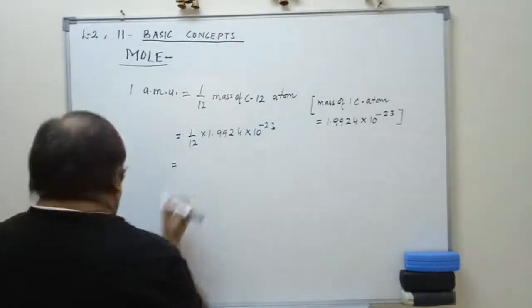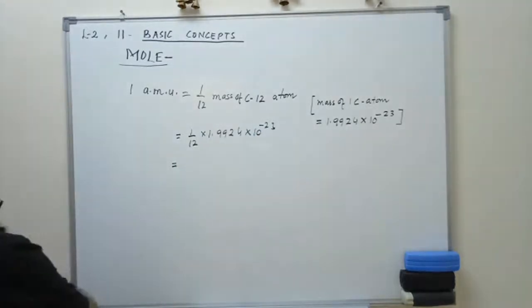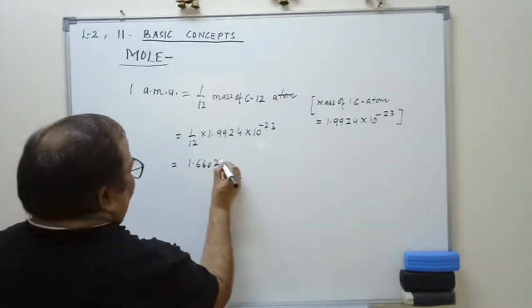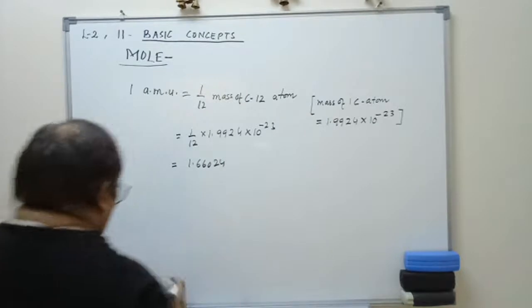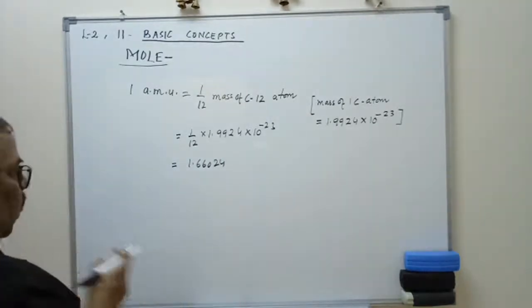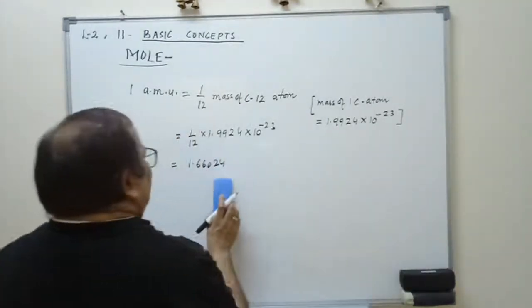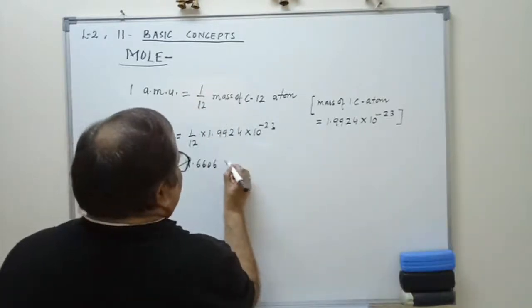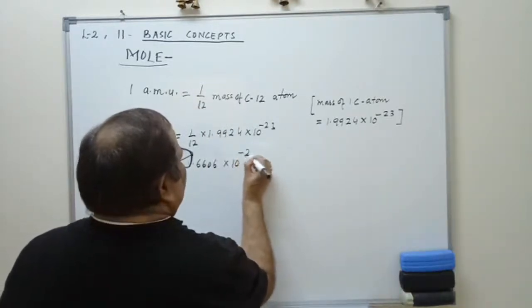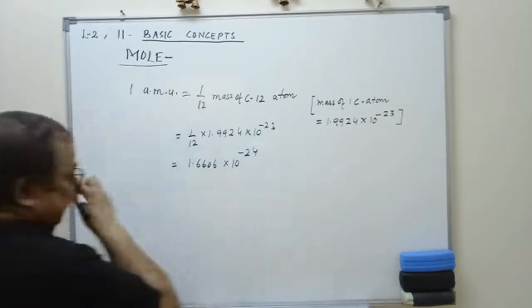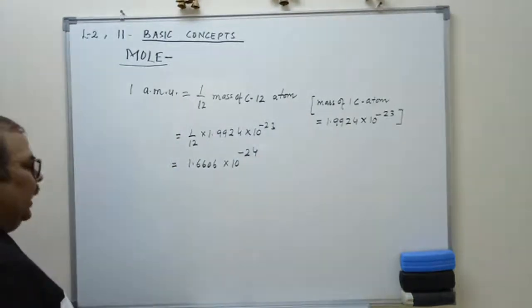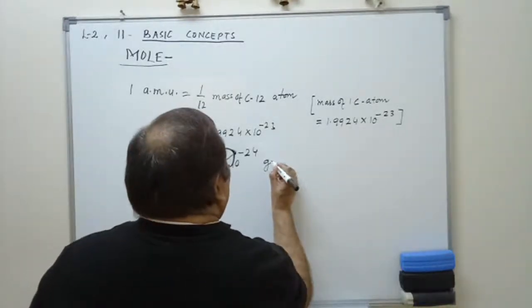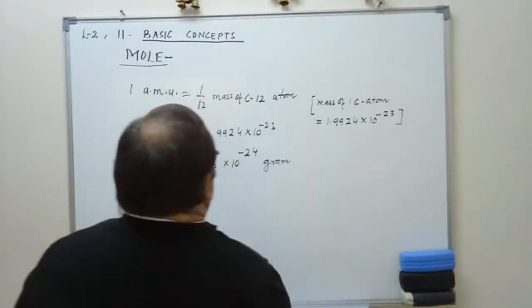That will be equal to 1.66024, that is 1.6606 into 10 to power minus 24. This is 1 AMU. This is in gram.